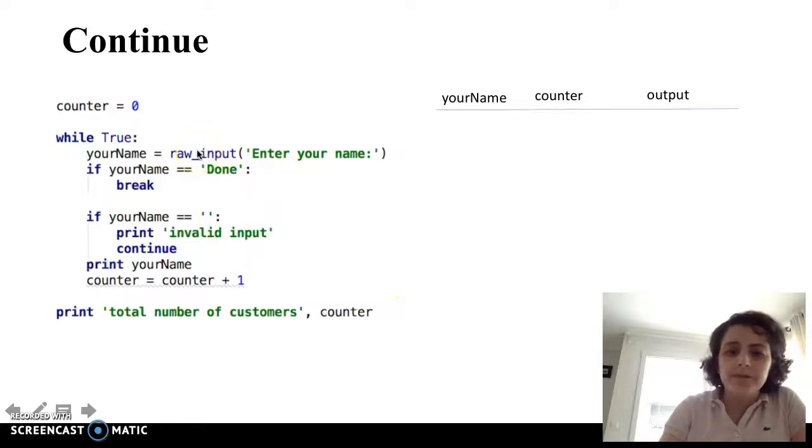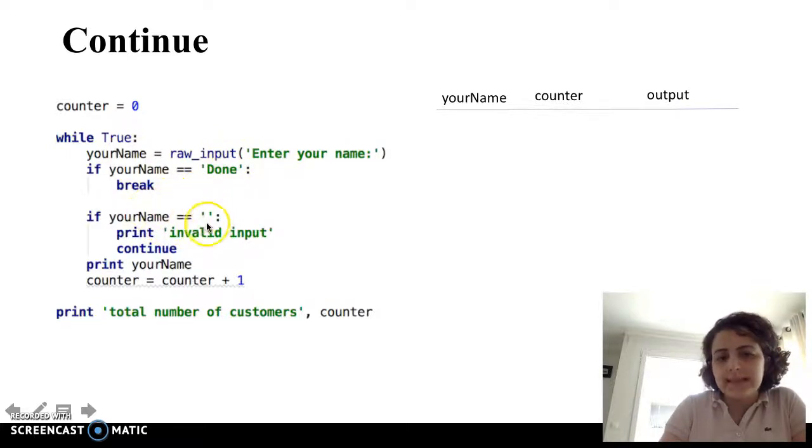Let's extend the previous example. We had a receptionist and the number of customers, but sometimes it happens that the customers do not enter a valid input or may just hit the enter key. So we have this while true loop again, entering the name of the customers.